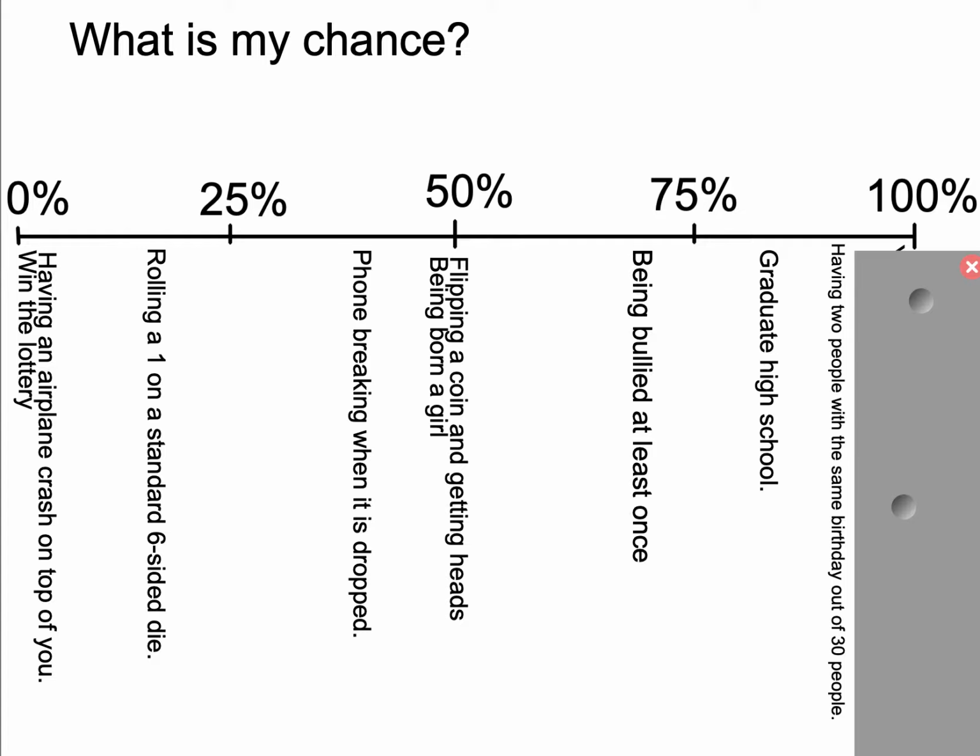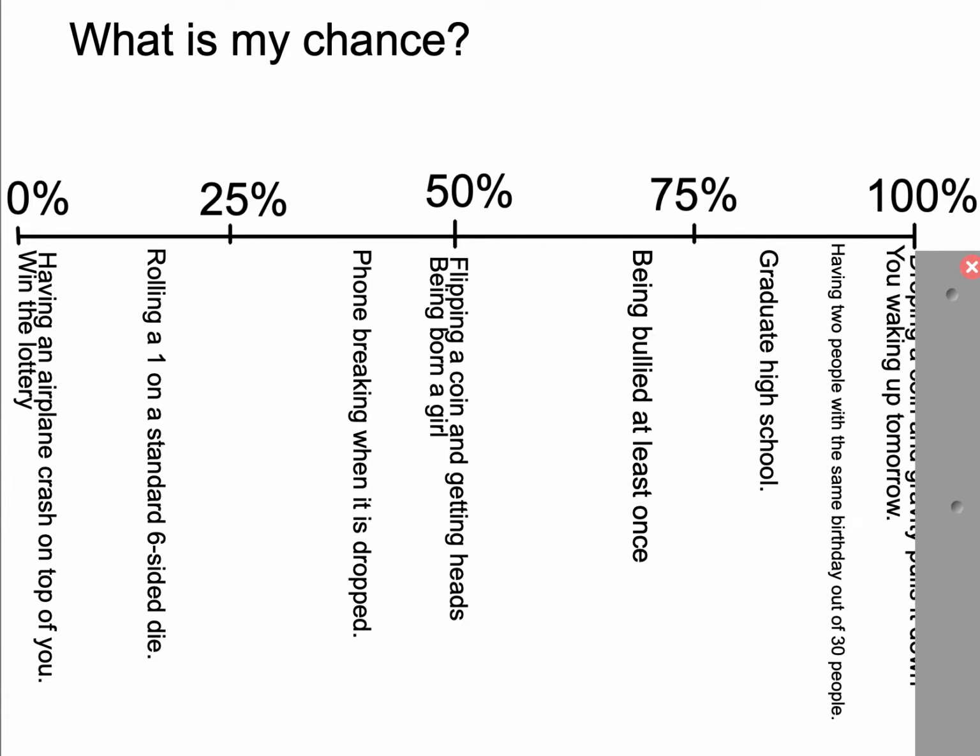So if you have a classroom of 30 people, you have pretty close to a 90% chance that at least two of them will have the same birthday. And that sounds counterintuitive because there are 366 different birthdays you can have, well, including February 29th. So it seems counterintuitive, but it's actually a very high probability.